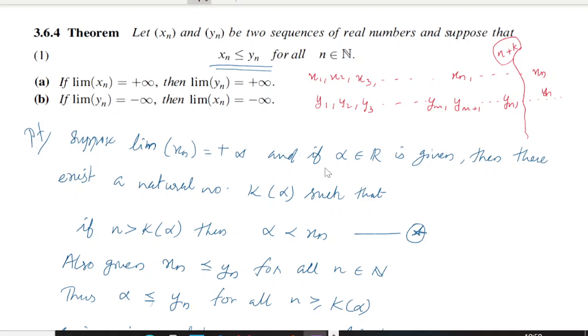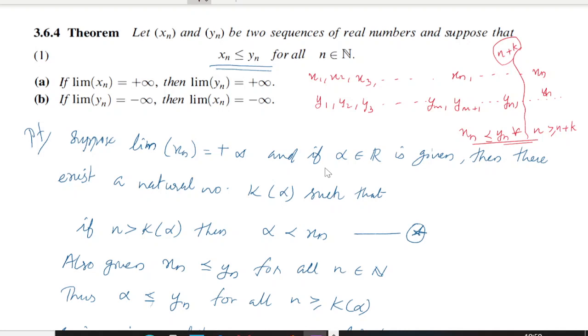That means we will get xn less than or equal to yn for every n greater than or equal to n plus k. So from this stage onwards this condition is holding, and then also this theorem is valid.